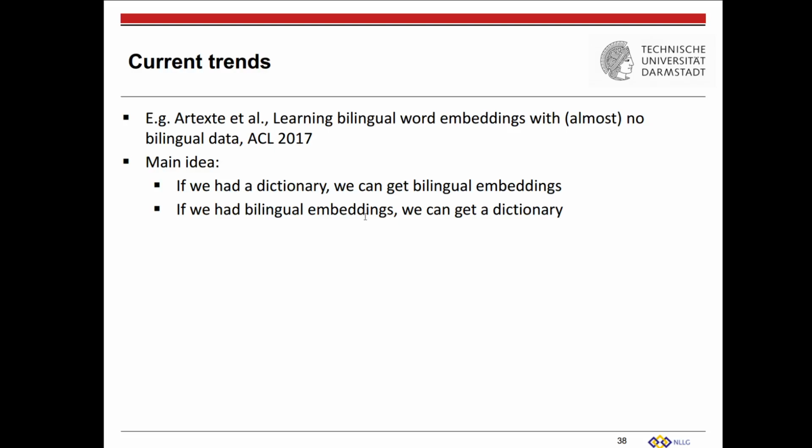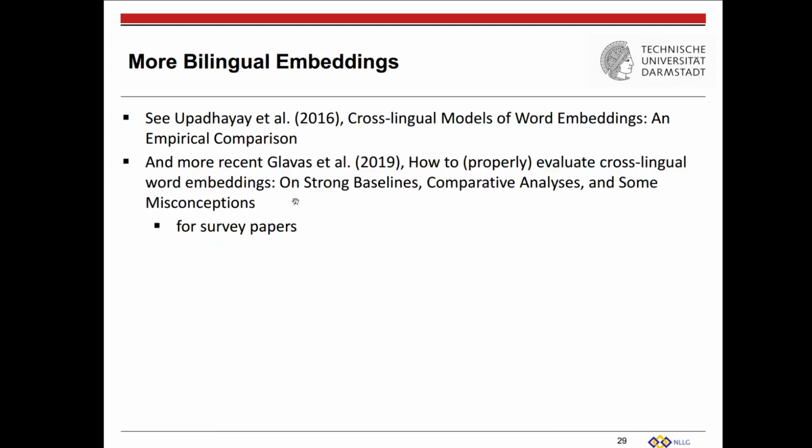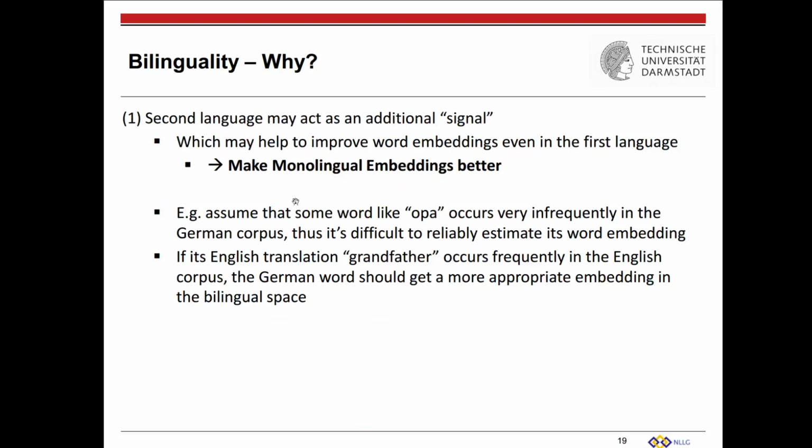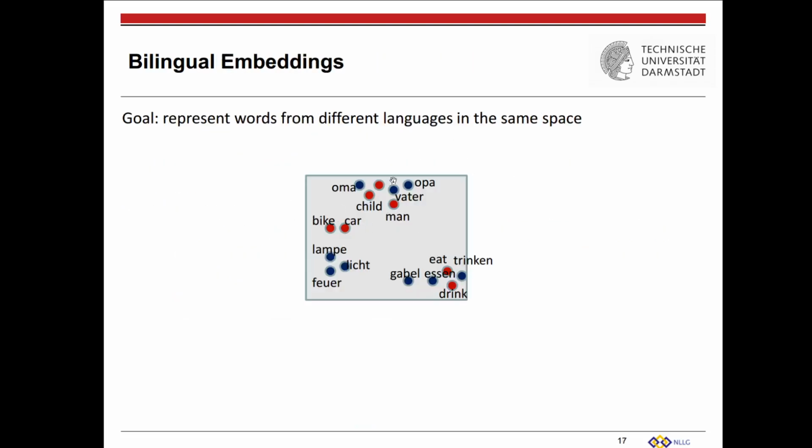So why is that the case? Let's take this picture. If we have a bilingual embedding space where words across different languages are in the same space, then of course we can get a dictionary. To know what is the translation of eat in German, we check the nearest neighbors of eat, so it could be essen or trinken, and depending on which one is closer, we can take this as the translation.